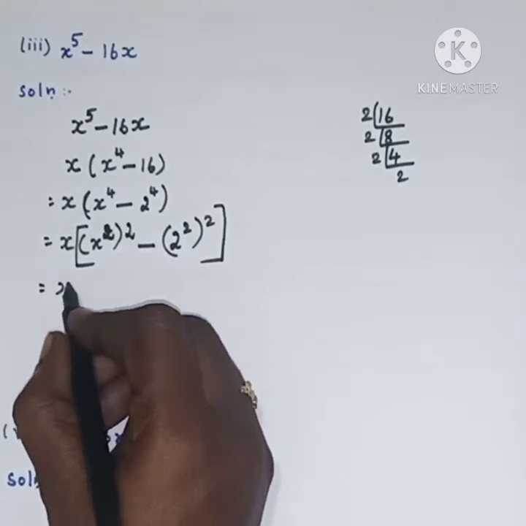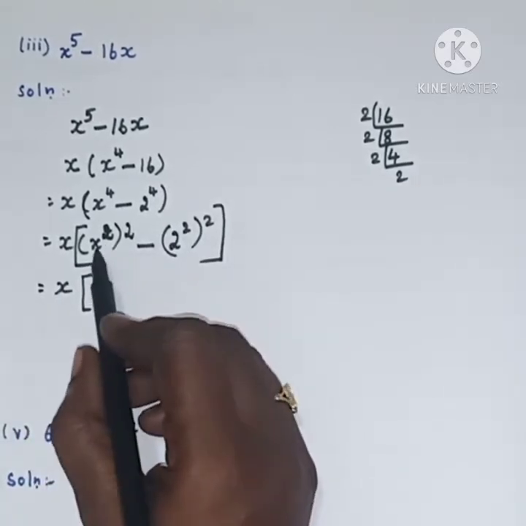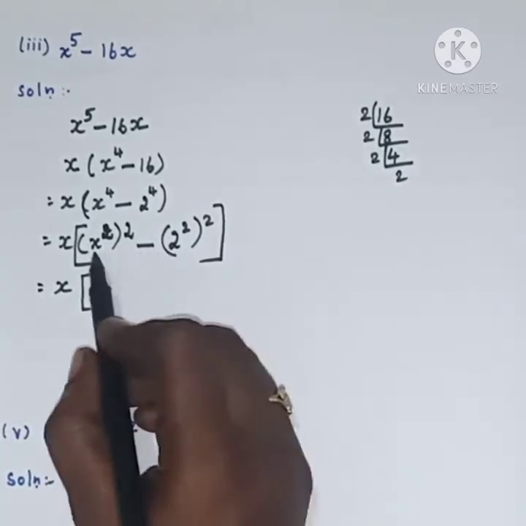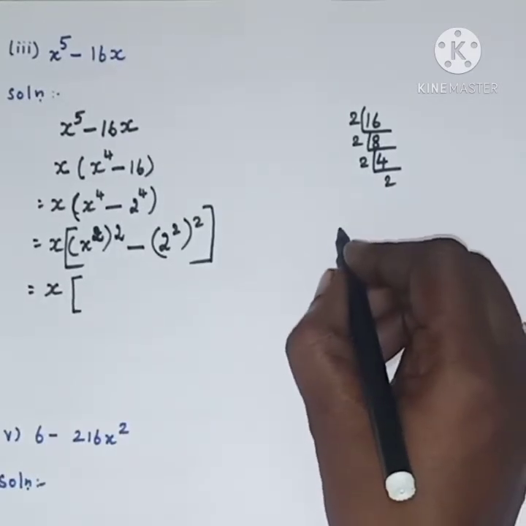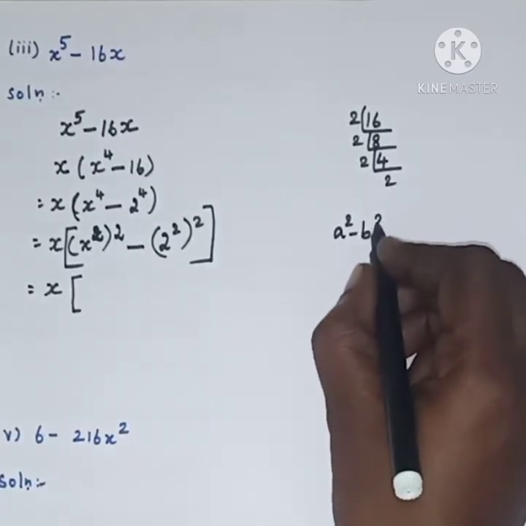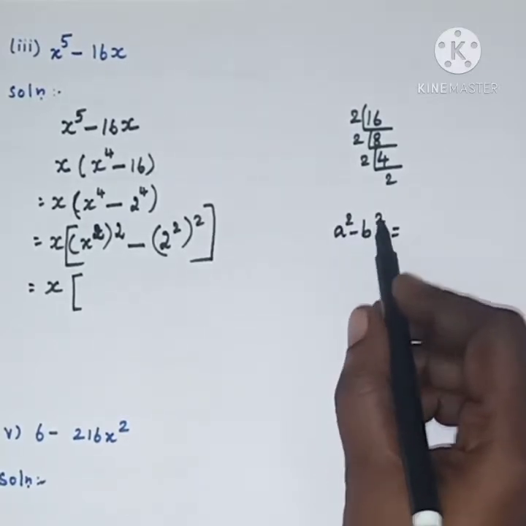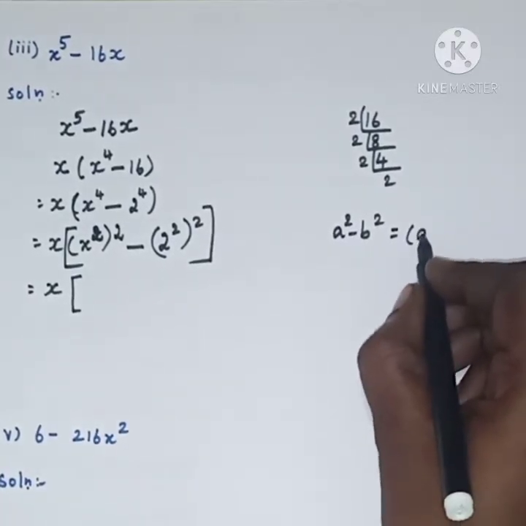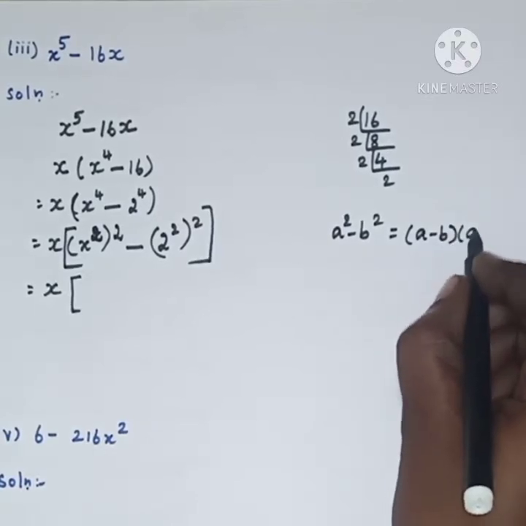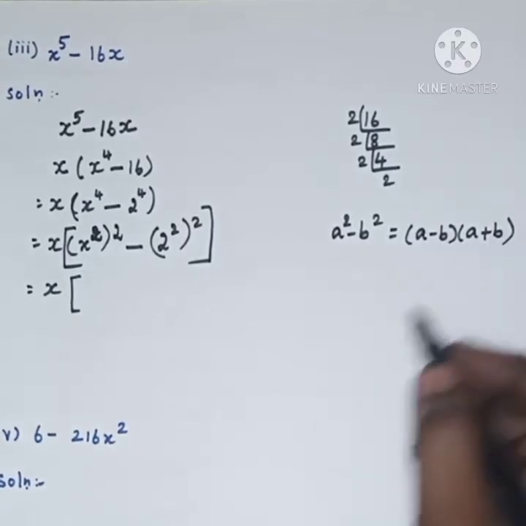Now this expression is the same as the identity a square minus b square. We have one identity like this: a square minus b square is equal to a minus b into a plus b.